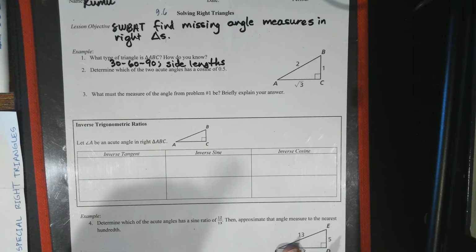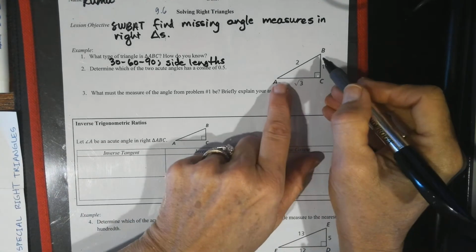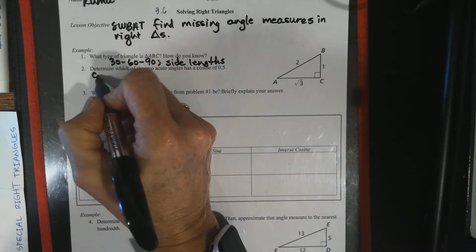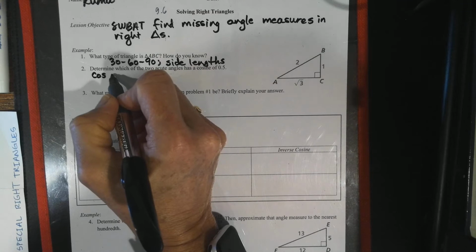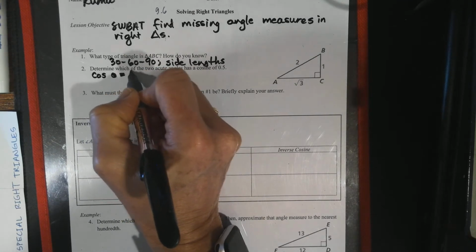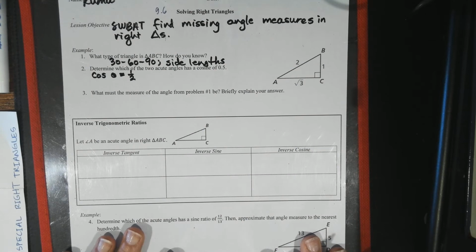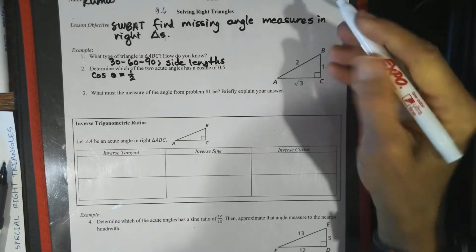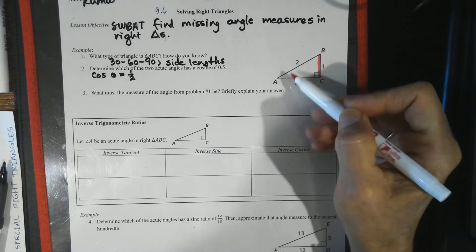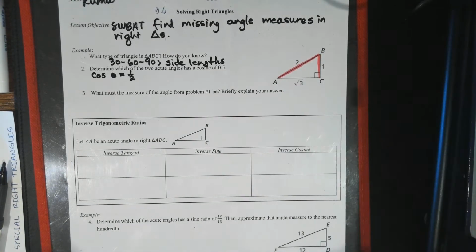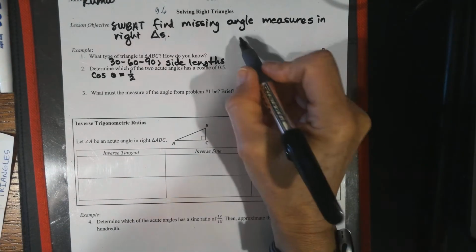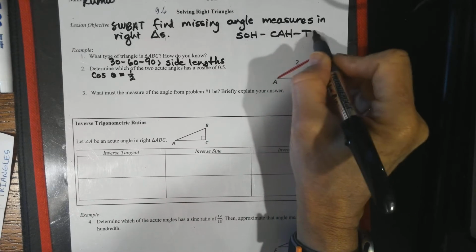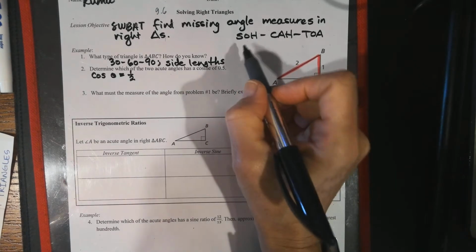Now what I want to do here is determine which of these two, A or B, has a cosine of theta equal to 1/2, which is 0.5. So I want the adjacent side over the hypotenuse. Let's rewrite our little reminder: SOHCAHTOA.